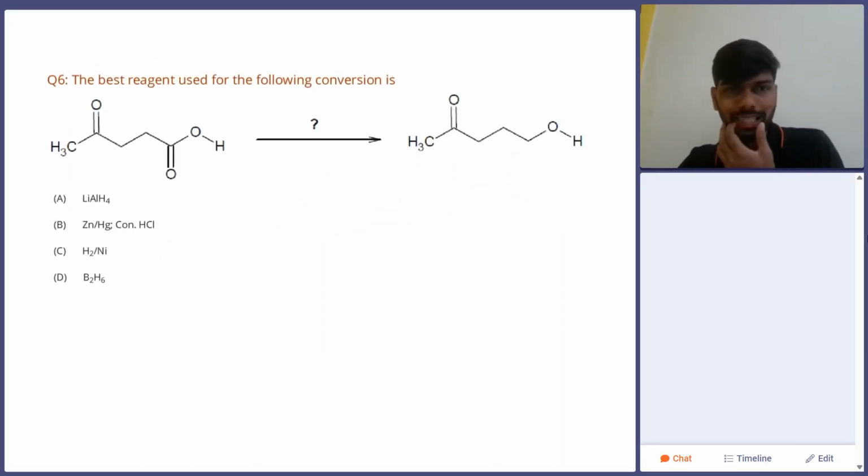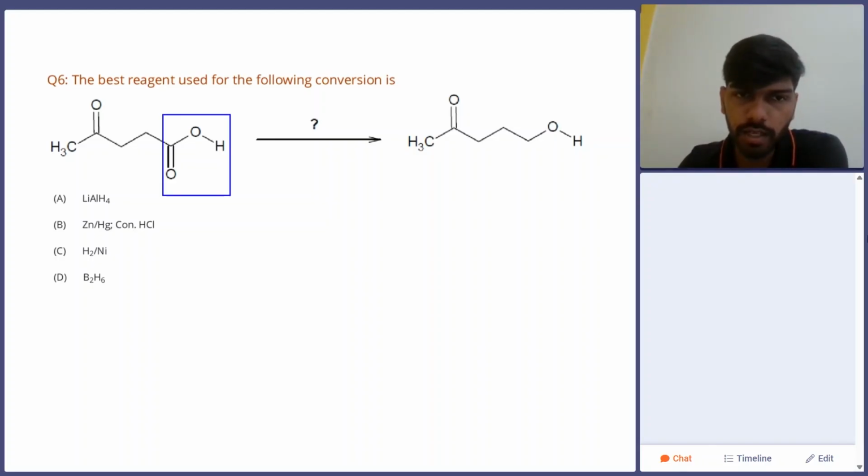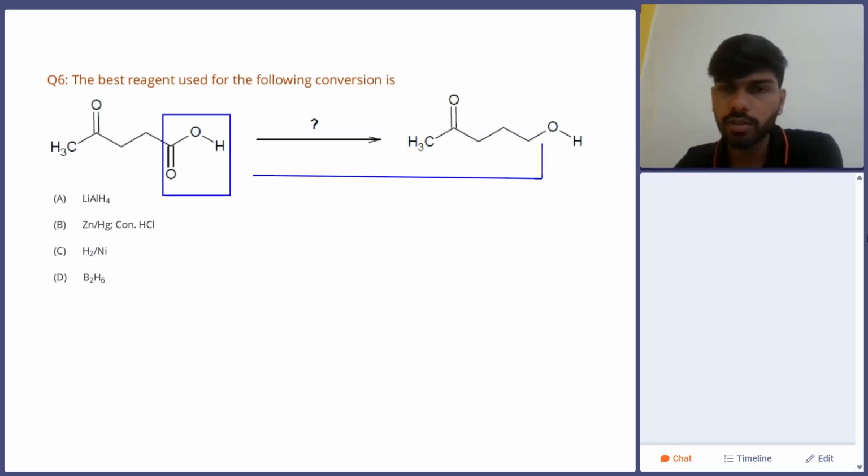Next, the best reagent used for the following conversion. Here what is happening is this acidic part is transforming into an alcoholic part.